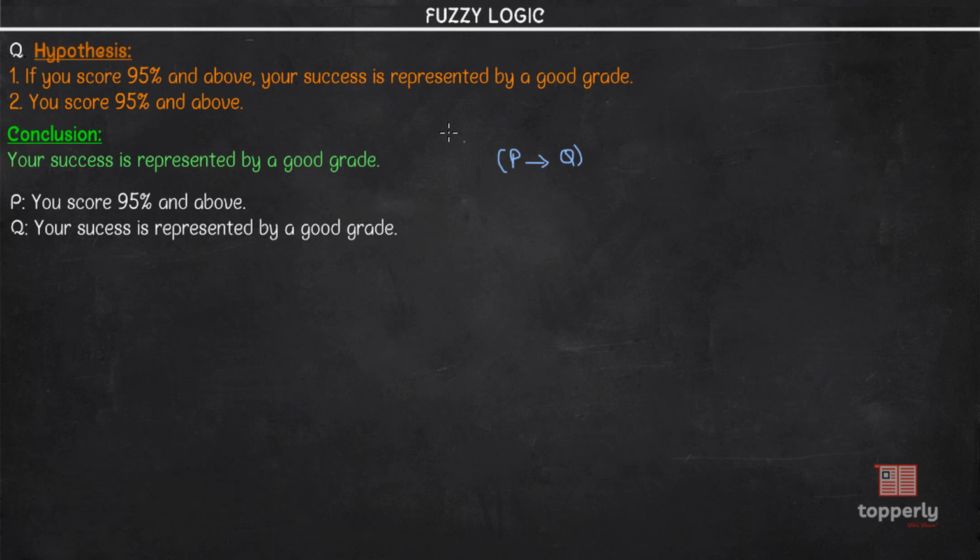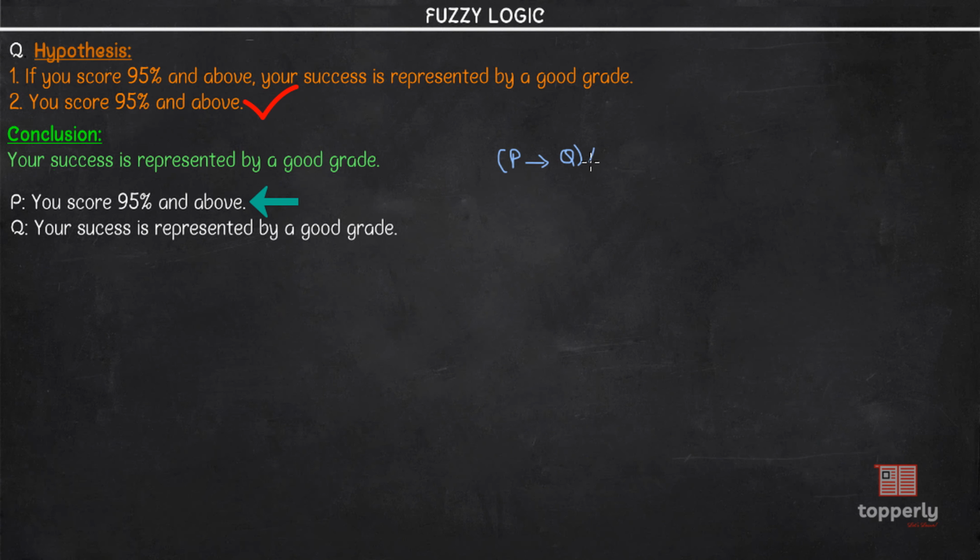Now the next hypothesis is you score 95% and above. So, you score 95% and above is represented by P, and as I said earlier, you have to use the conjunction operative because you have to include both these statements in your hypothesis.